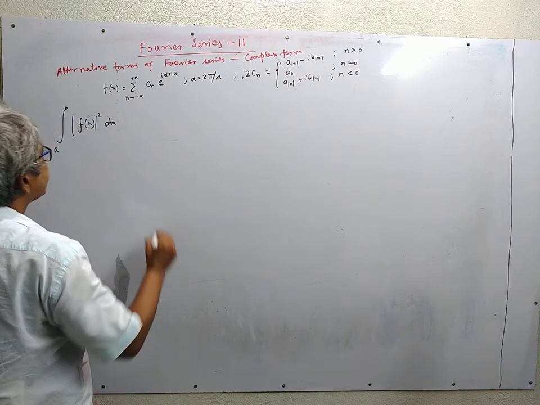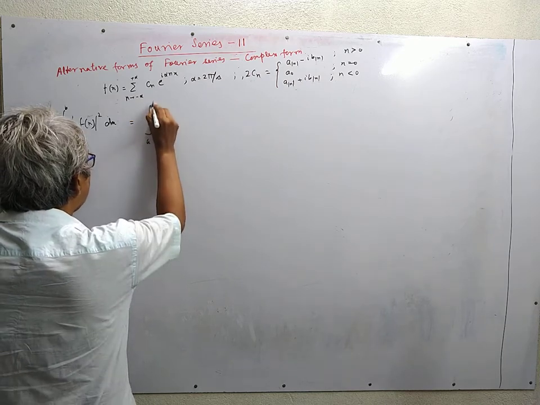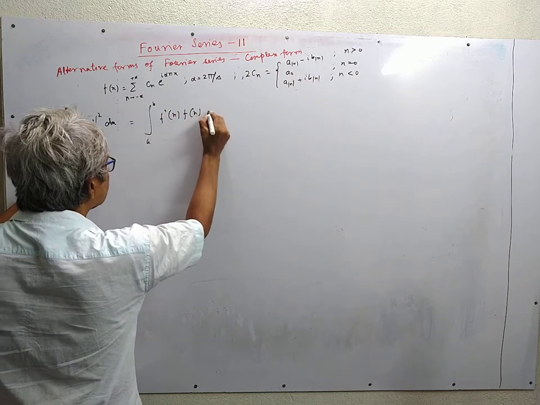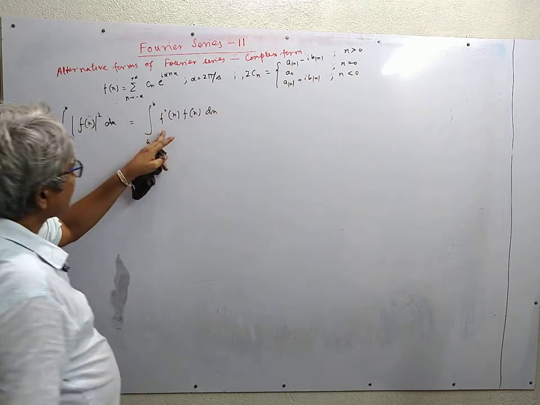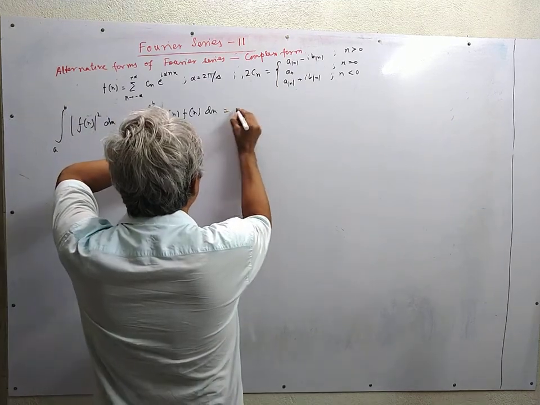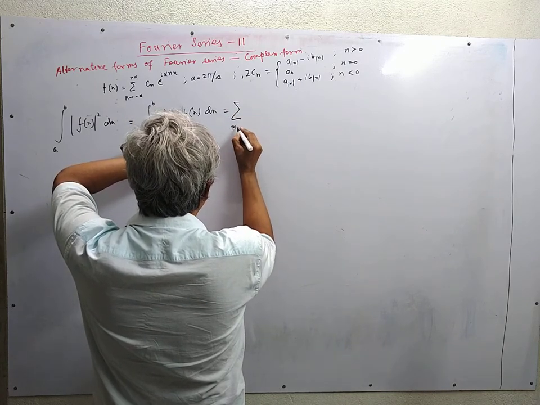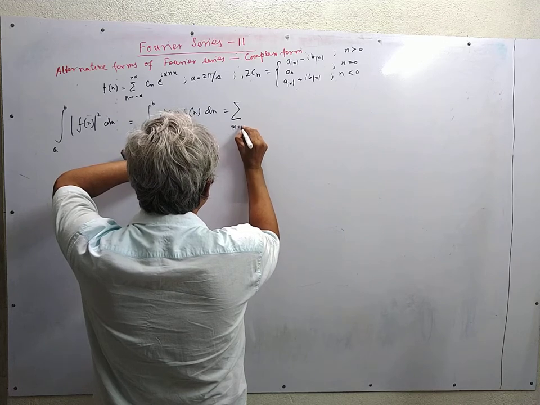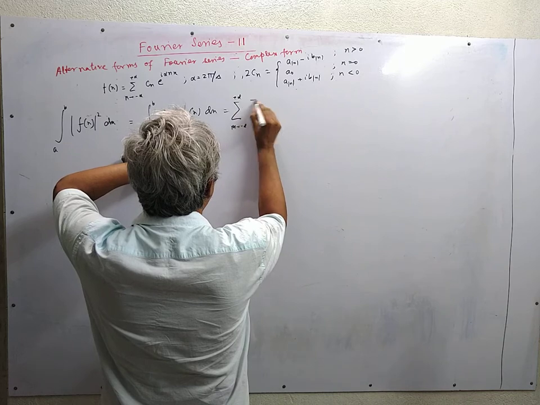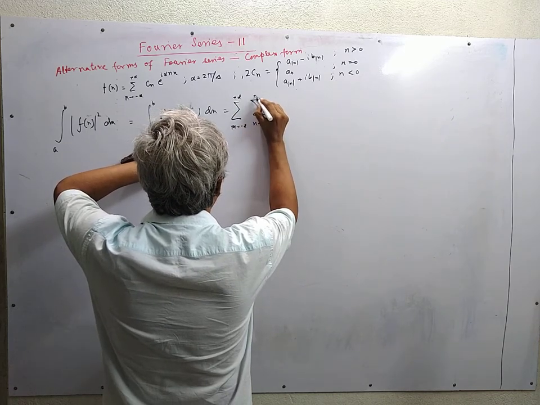So we write it as integral a to b f star of x, f of x dx. For star we use the dummy variable m, and for this the dummy variable n. So there will be two sums, m sum from minus infinity to plus infinity, and n sum from minus infinity to plus infinity.